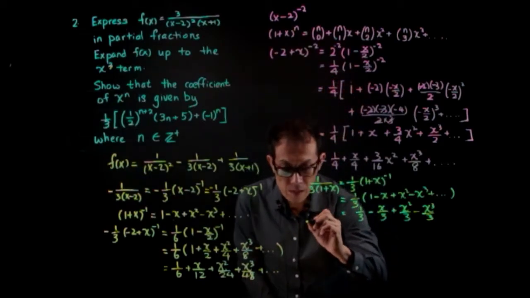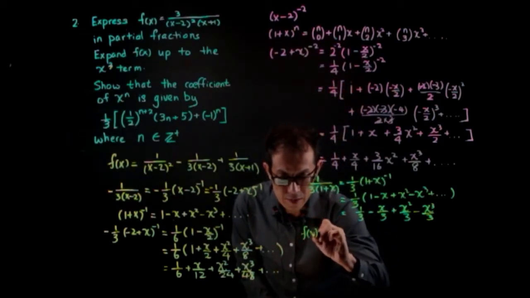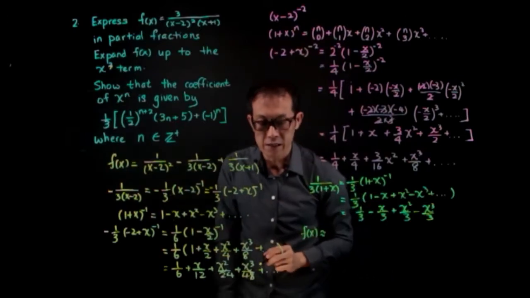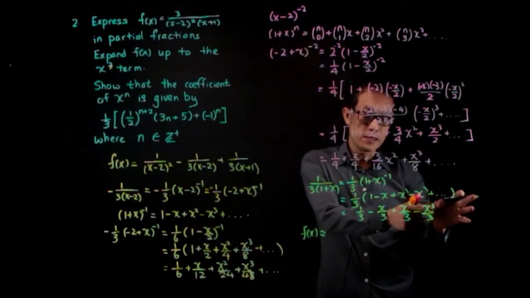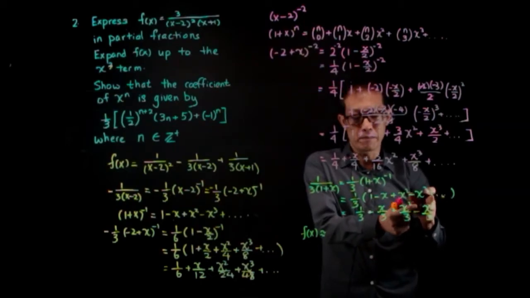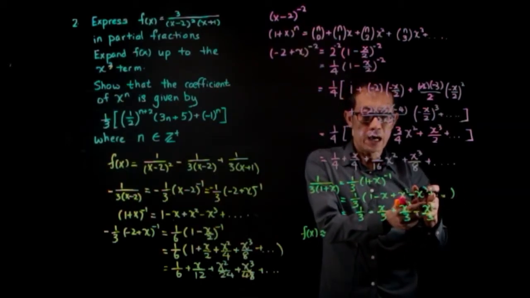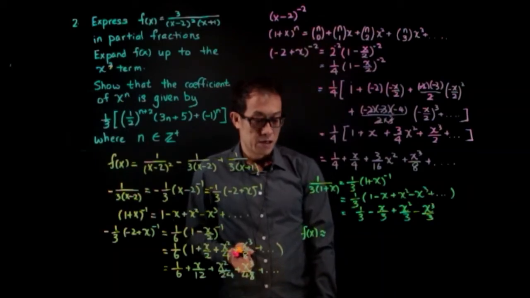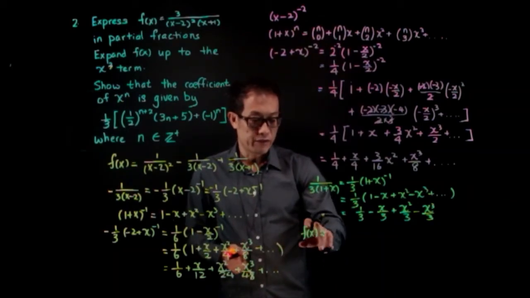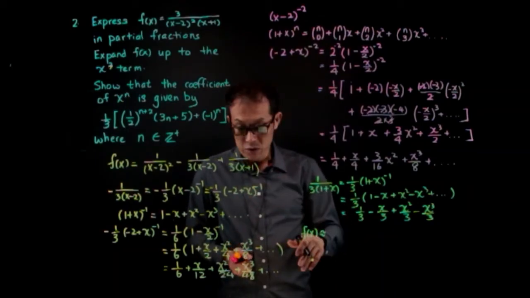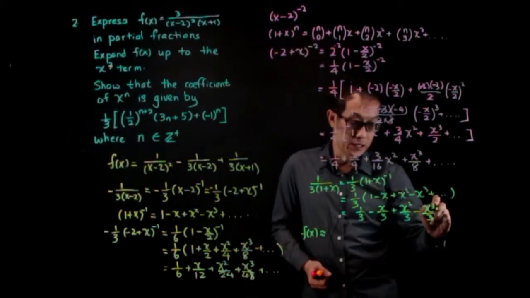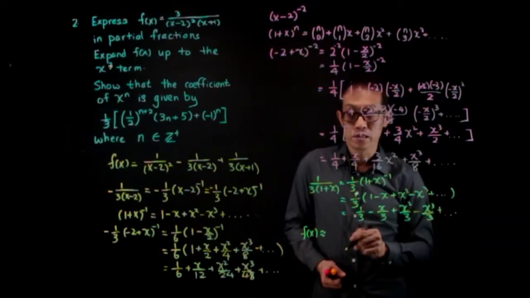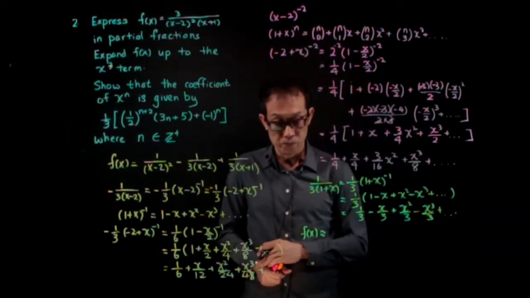So f of x is approximately equal to, because I'm ignoring the terms whose power is greater than x cubed.